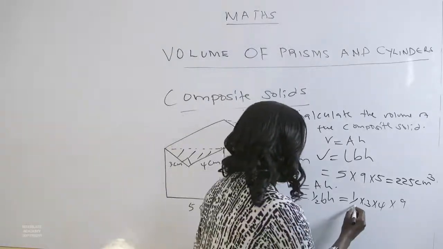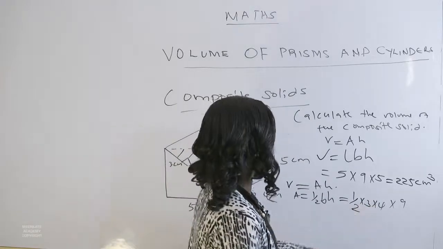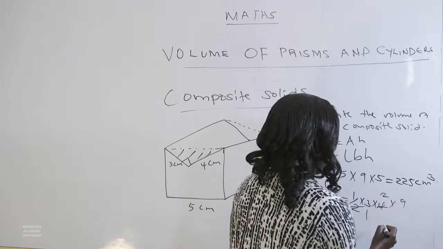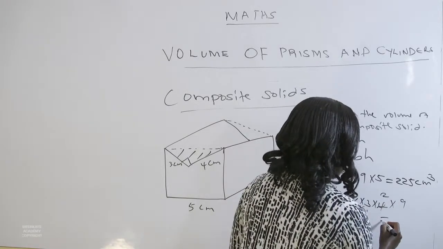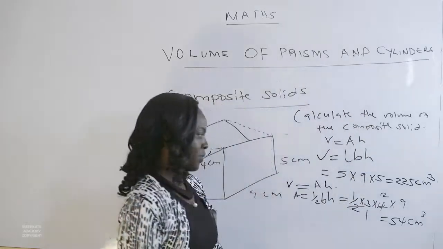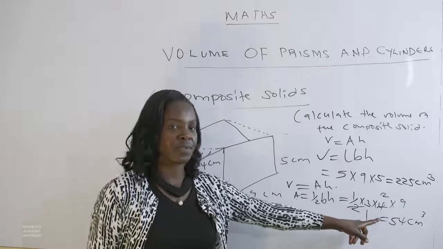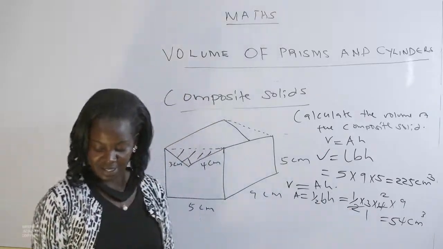That is 2.5 base times the height. So the volume of the triangular prism is 54 cubic centimeters.